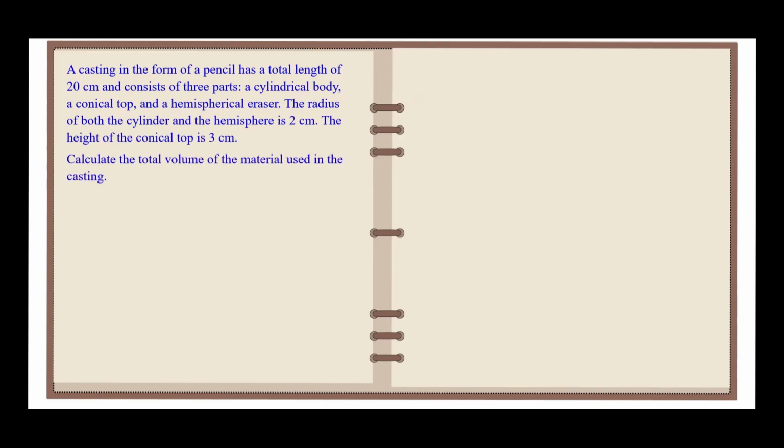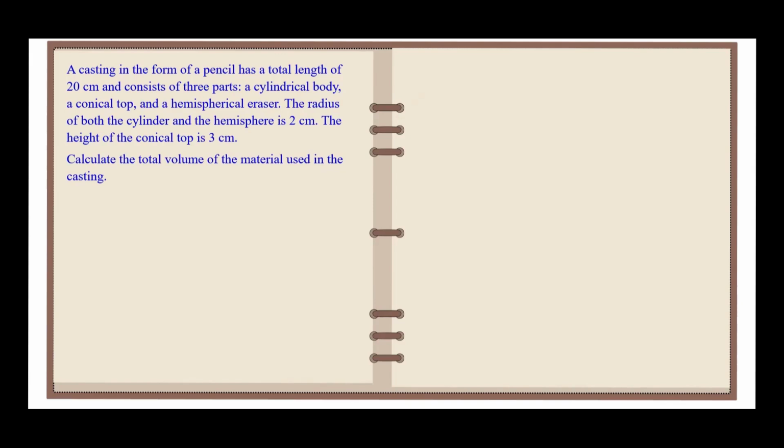The radius of both the cylinder and the hemisphere is 2 centimeters. The height of the conical top is 3 centimeters. We are required to calculate the total volume of the material used in the casting.